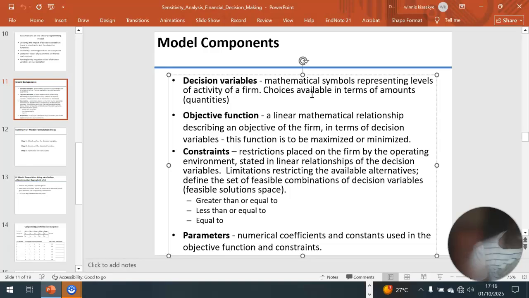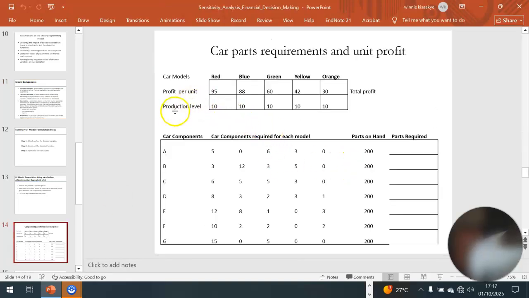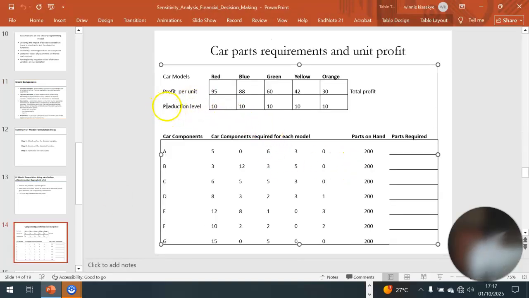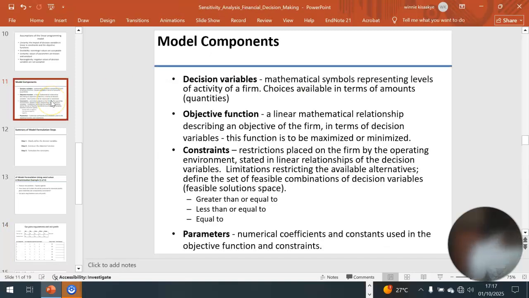Or it can be available in terms of amounts, in terms of quantities. There you get to know that this is a decision variable in our model. For example, in this example here, the production levels determine the quantities of the farm's production. Therefore, we shall regard this as our decision variables.